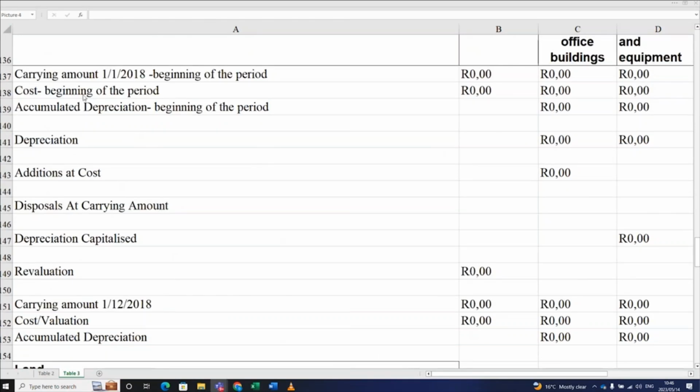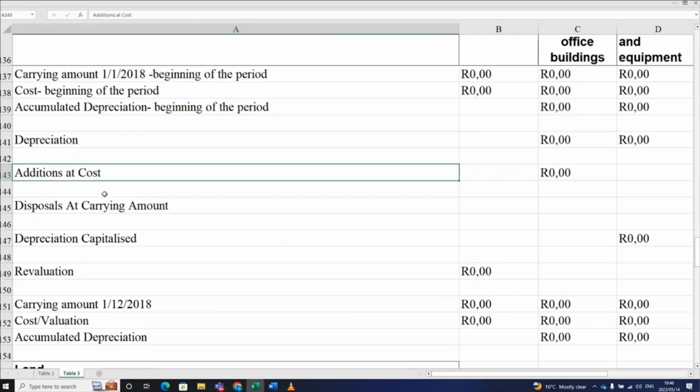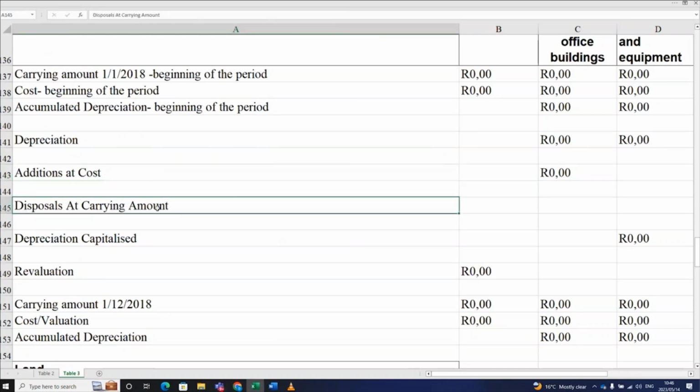And then learn the structure: it's the carrying amount at the beginning of the period, which consists of the original cost and accumulated depreciation up until the beginning of the period. Then you have the movements of PPE, which consist of depreciation and additions. Very important, the additions are at cost, and disposals are at carrying amount.